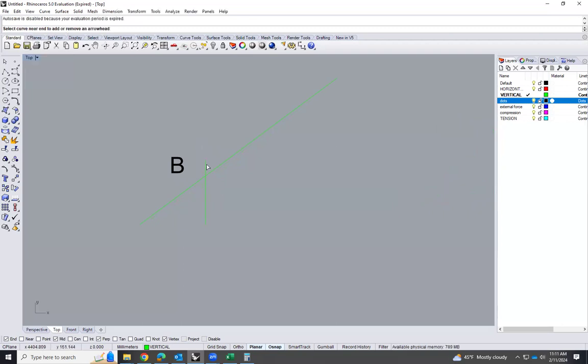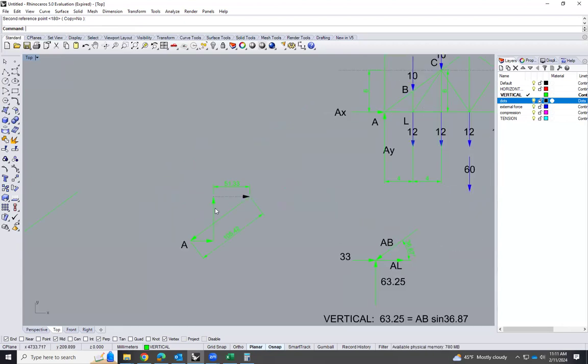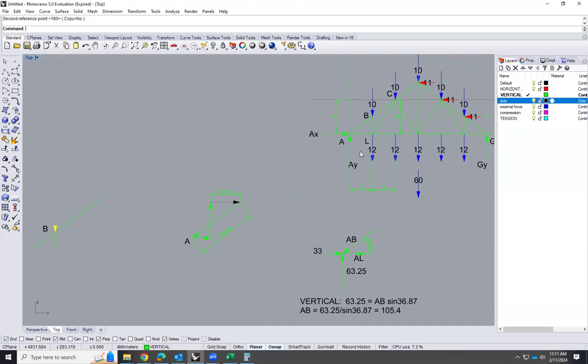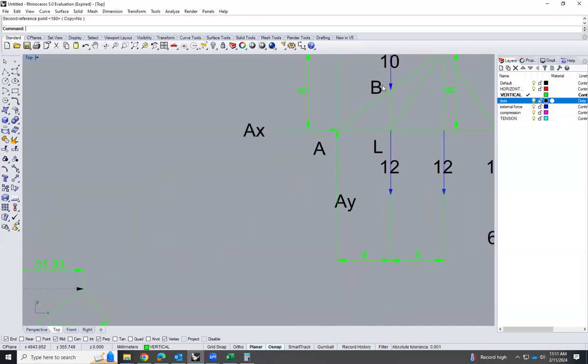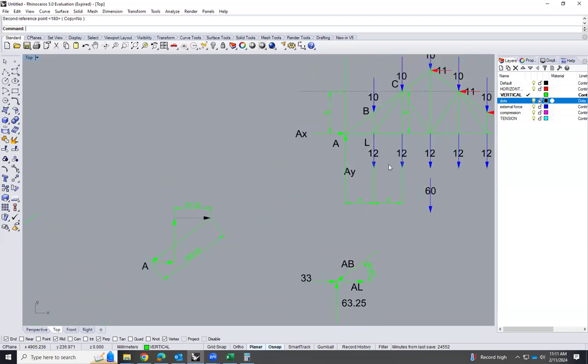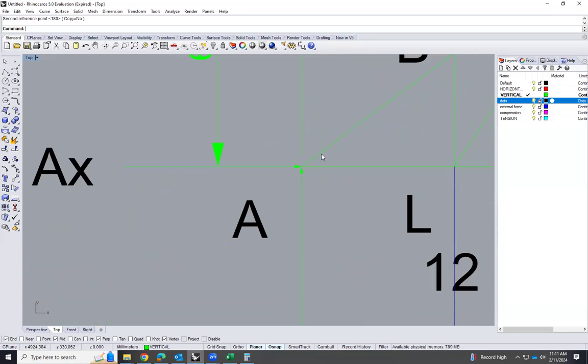If I create the arrowhead here, it has to go down because it goes down. Now, the following is AB. I already have AB. And at point A, AB goes in that direction.